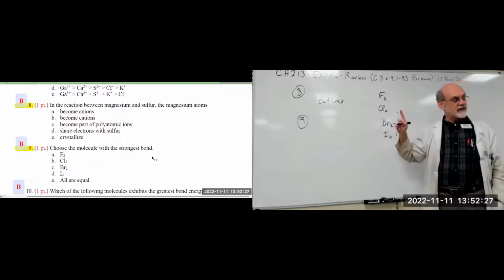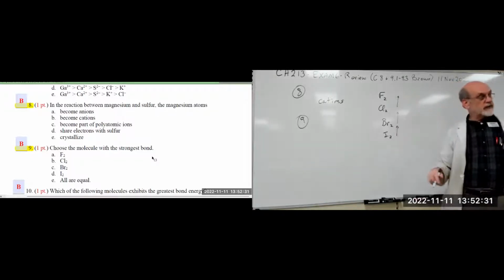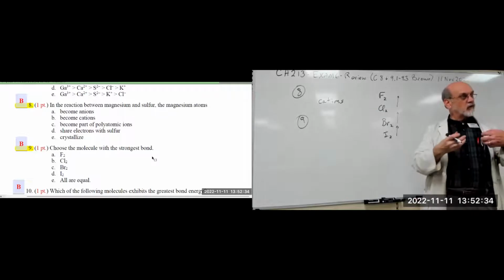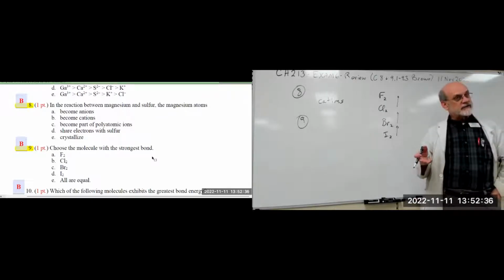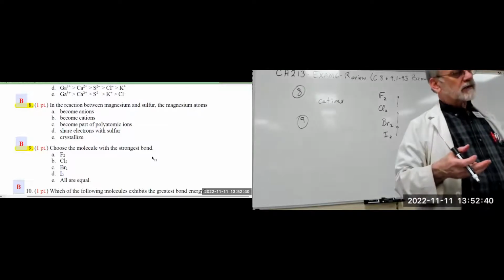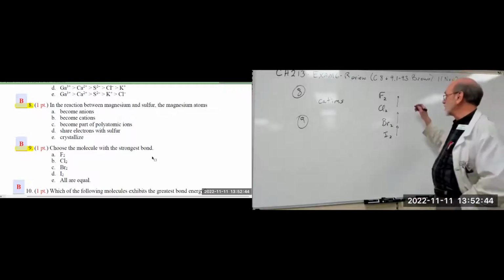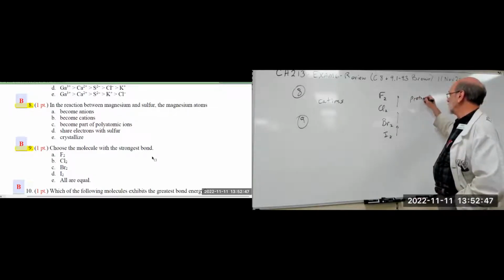The problem arises, we would think that you would get stronger there because fluorine is the smallest atom, you get more overlap. The problem is fluorine is so small, the nuclei can get so close together. Now you got proton repulsion.